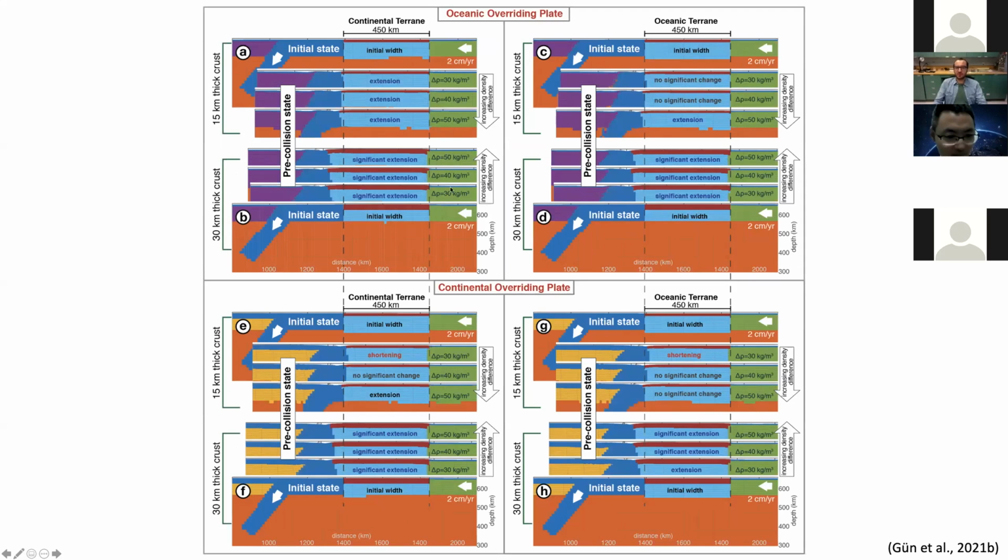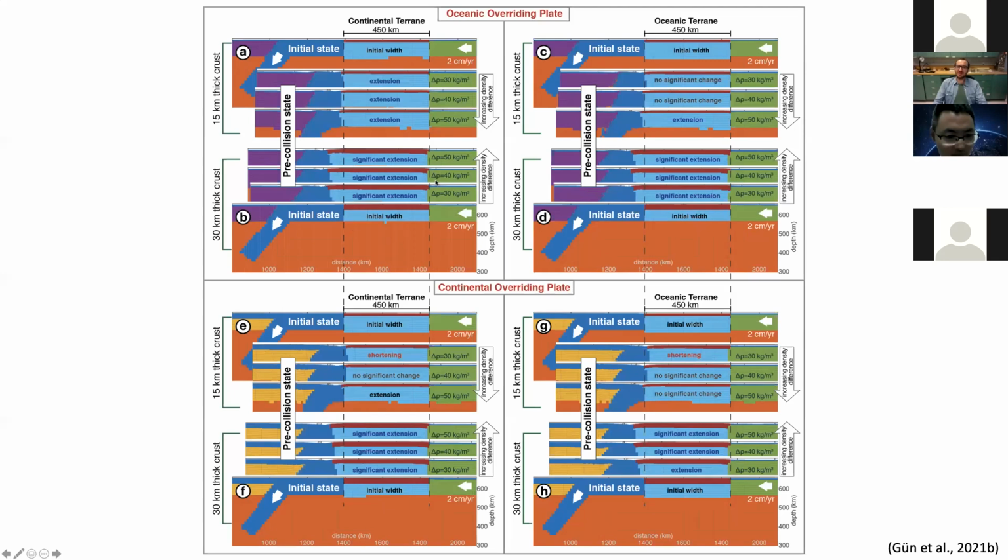And we are also showing here the different density differences between the mantle-lithosphere and asthenosphere. So let's focus on the first part here. As you can see, if the crust is 30 kilometer thick, we see significant extension prior to collision. It doesn't matter what the density difference between slab and asthenosphere is, we always see significant extension.